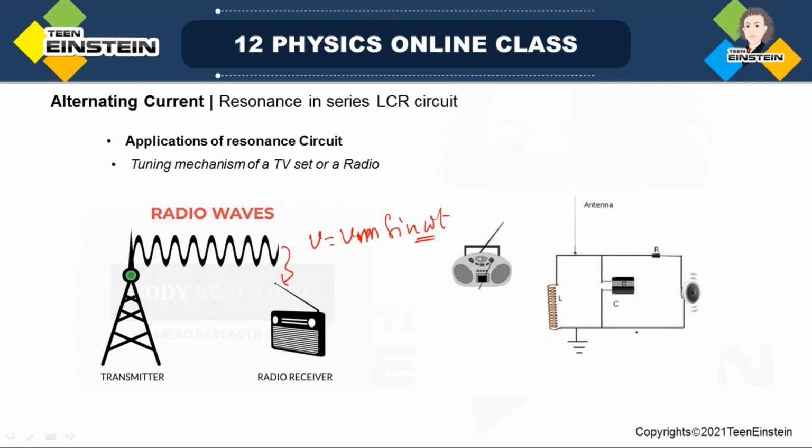That means in an LCR circuit the battery gives the signal, but in this case the signal is obtained from the radio wave accepted by the radio antenna.